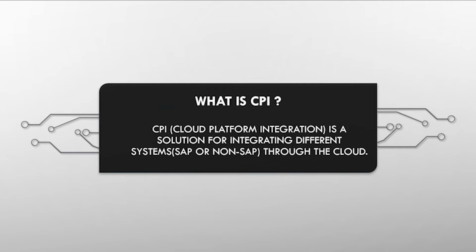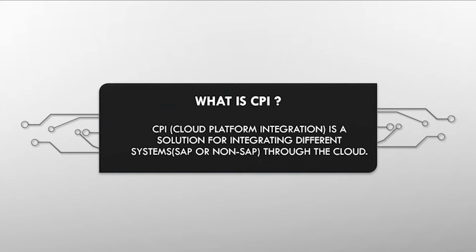Suppose you are working on a project with several kinds of systems, where one is an Oracle system and another is an SAP system, and they want to share some data between them. For that you have to integrate those systems. SAP provides this facility under the name of Integration Suite, and inside it we have Cloud Platform Integration.